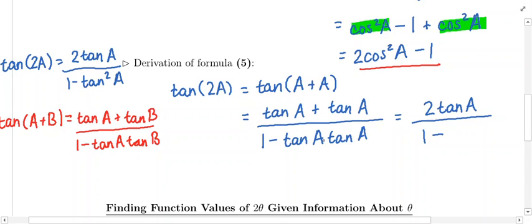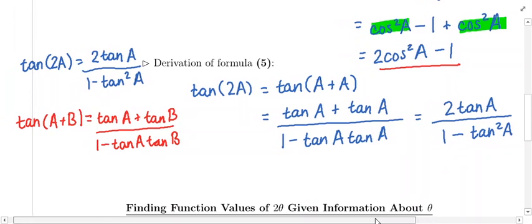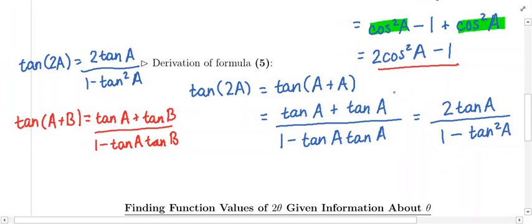I've got tangent of A times tangent of A, that's tangent squared of A. And that's the right side of the equation. If you look at the equation we were trying to prove, I have proved that the tangent of 2A is indeed 2 times the tangent of A over 1 minus the tangent squared of A.